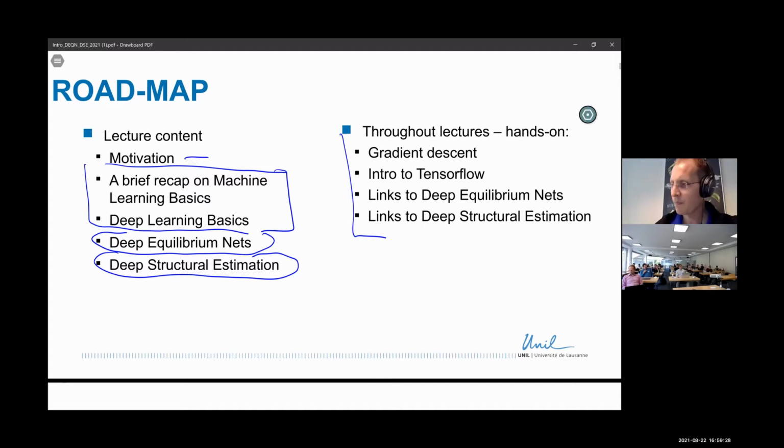There is also a complete introduction to TensorFlow, the software provided by Google that we mainly use for solving these models. The other two repositories I already mentioned.